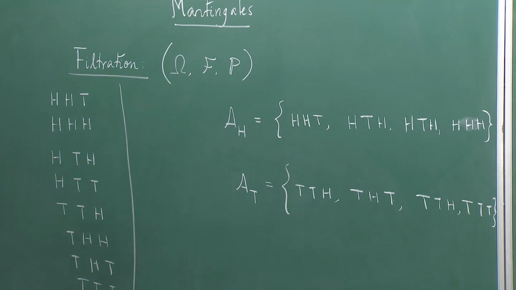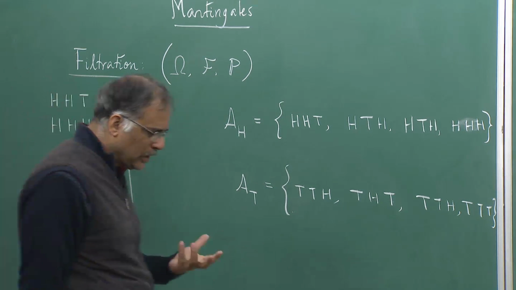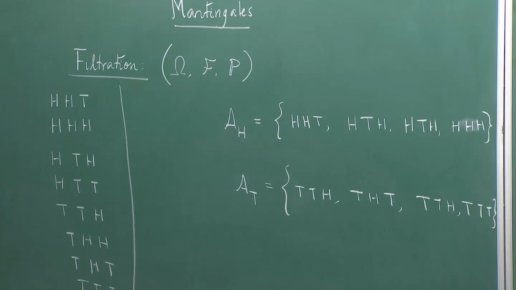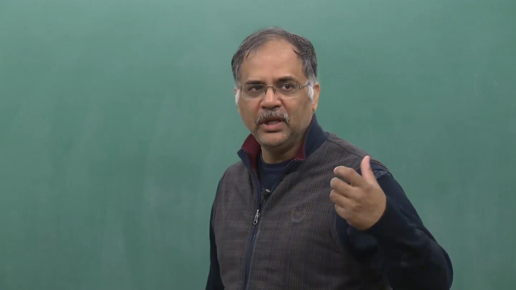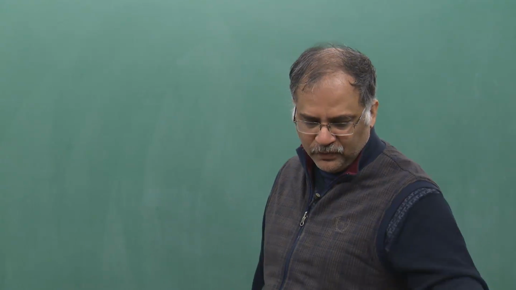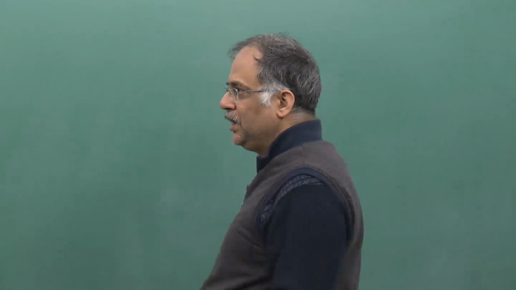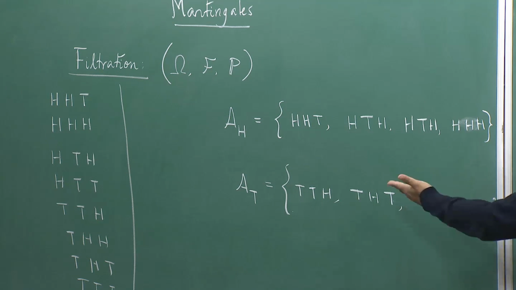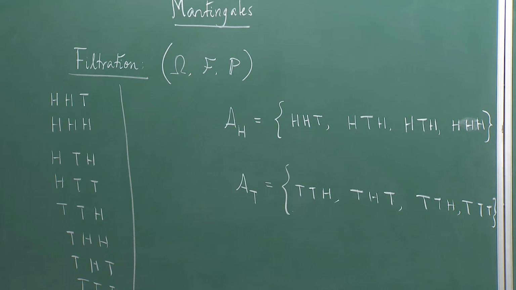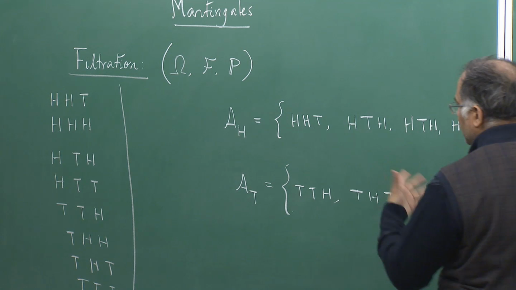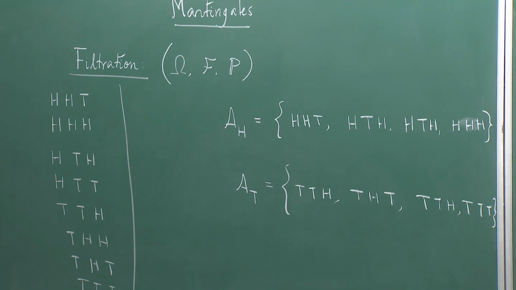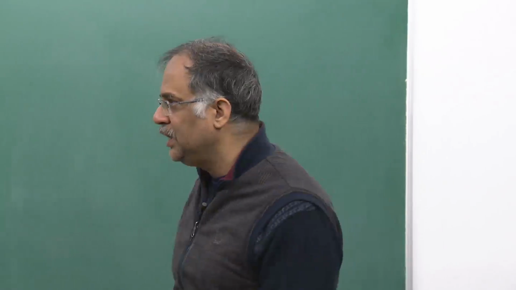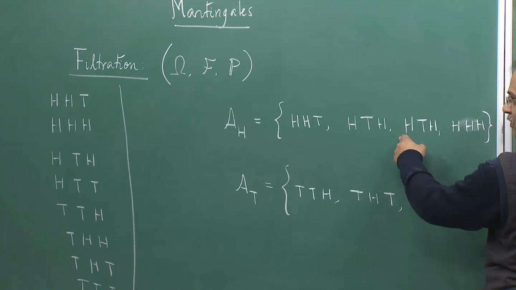If the outcome of the first toss is known to me, then given any omega, any sequence of 3 tosses, I can tell you whether this will be an outcome or not. Suppose I tell you the first toss has come out to be head, and you ask, can tail, tail, tail come? No, tail, tail, tail will come in the complement of this AH.